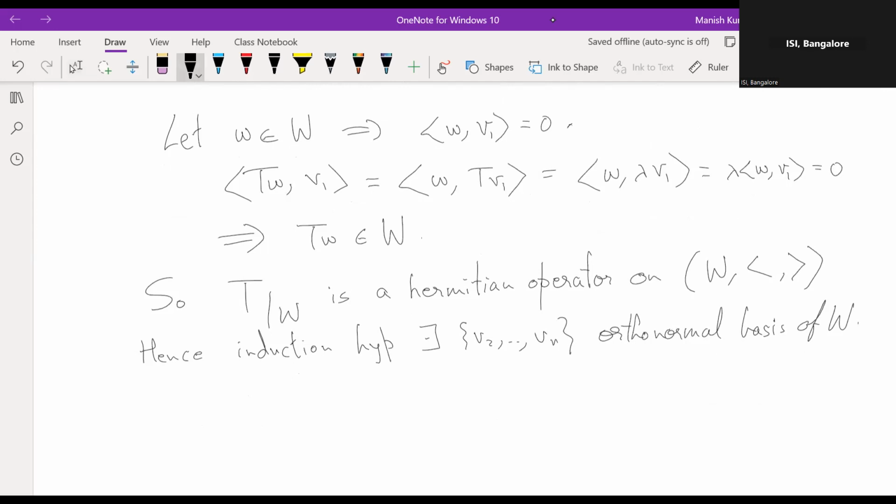And then of course the set v1 to vn is orthonormal.